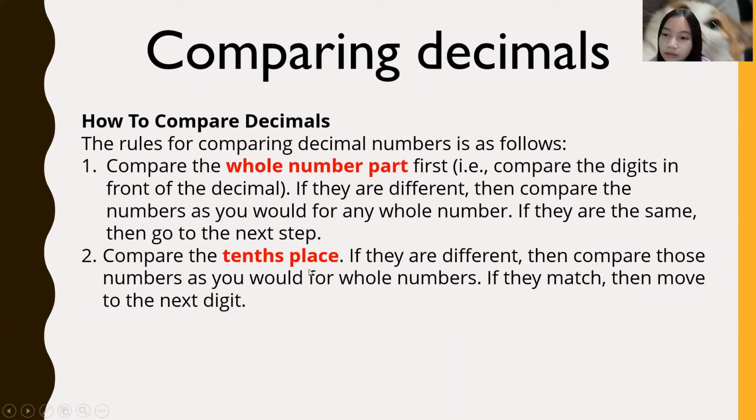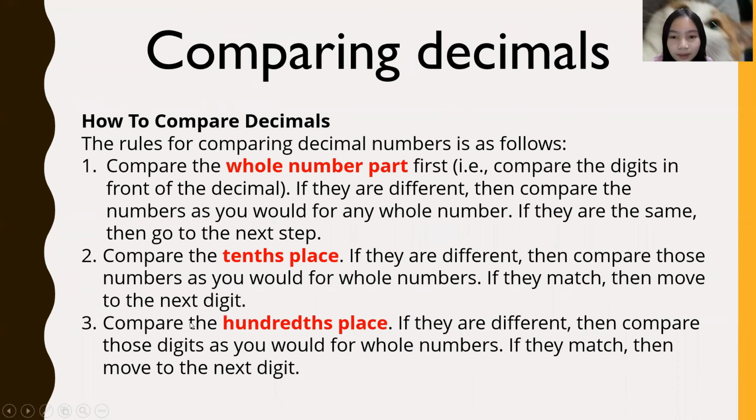Compare the tenths place. If they are different, then compare those numbers as you would for whole numbers. If they match, then move to the next digit. Compare the hundredths place. If they are different, then compare those digits as you would for whole numbers. If they match, then move to the next digit.